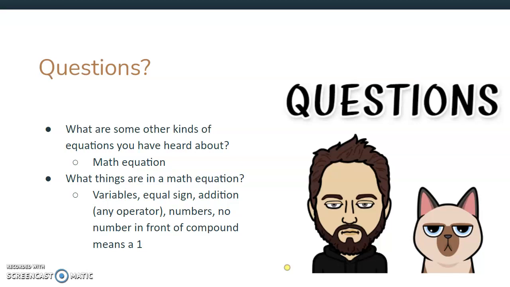Maybe there's some numbers, and if there is no number in front of a variable, we always assume that it's 1. So these are some of the same things that we're going to be working with in chemical equations. Luckily, thankfully, they're similar, and we can draw on our math knowledge to help us learn these.